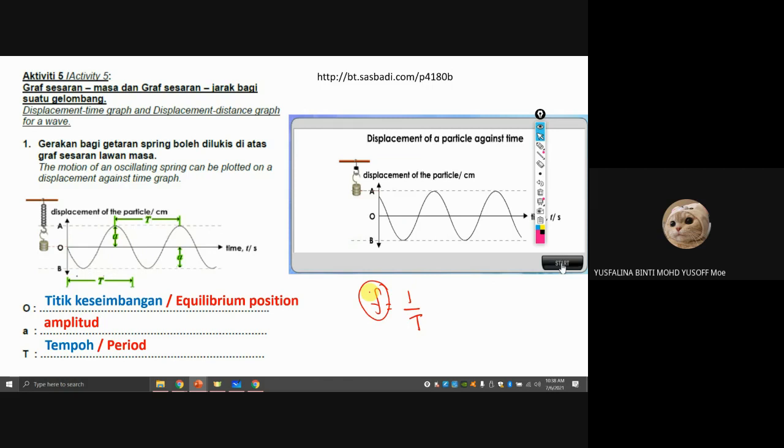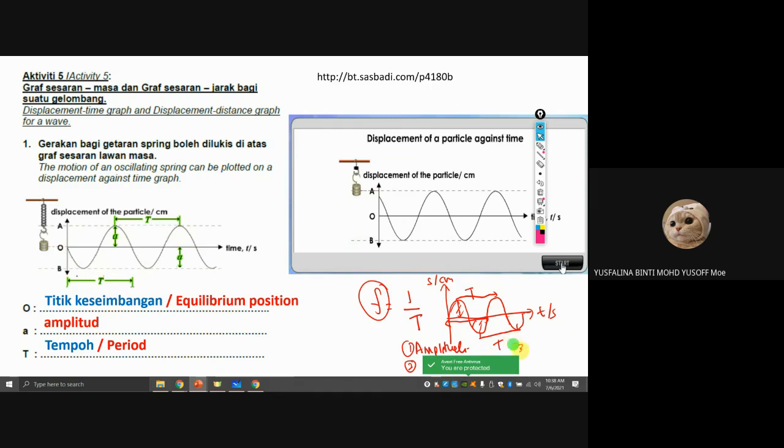Just use the formula. So for the displacement, let's say this is the graph, and this one is displacement against time. The first information that you can get is the amplitude. The second one is the period, from here to here, two semicircles, or from crest to crest, or from trough to trough. All of these are the period.